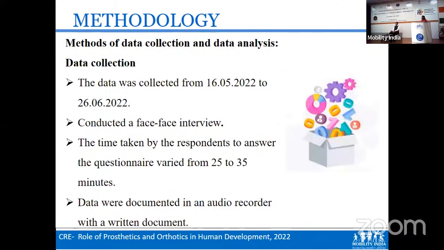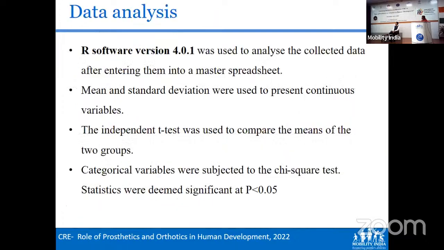Methodology. I collected data from May to June, and I conducted face-to-face interviews. The time taken by the respondents to answer my questions, including my outcome measures, was around 25 to 35 minutes per sample. Data were documented with an audio recorder as well as in a written document.